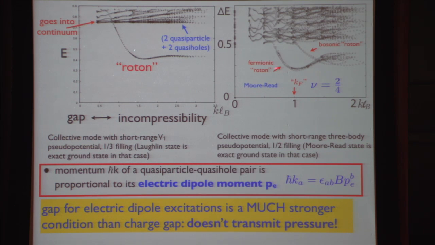And in the Moore-Read case, you again see that when you fuse two non-abelian quasi-particles, they can either fuse in the fermionic or bosonic channel. The fermionic one is lower, but they both head up into this jungle, which in this case would be two of the neutral fermion modes.